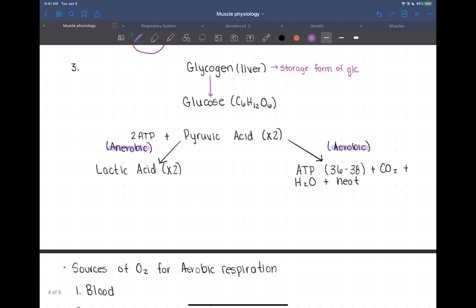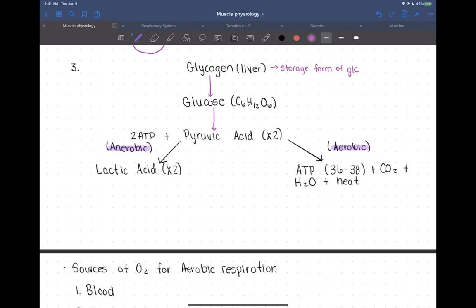And so then from there, that glucose can be broken down, and you'll learn in lots of detail about this in A&P2 when you do metabolism. We're just going to speak very generally. To use this glucose, the first thing you have to do to it is essentially break it in half and make 2 pyruvic acids.